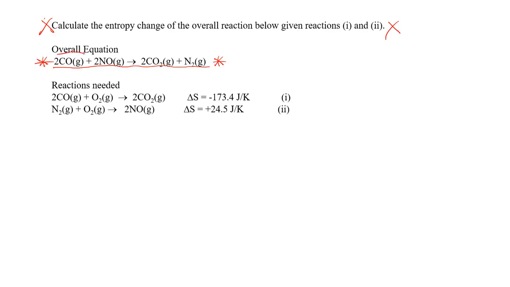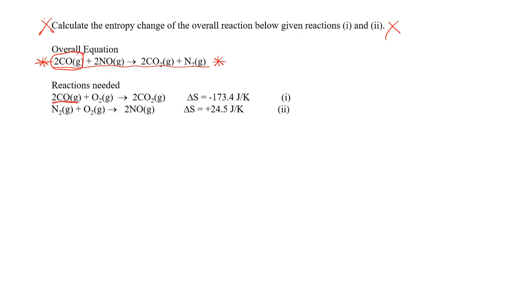So how do we do that? First we are going to select carbon monoxide and look at the two equations given below and see where carbon monoxide is. Oh, we have found carbon monoxide. So we have carbon monoxide here from this reaction.